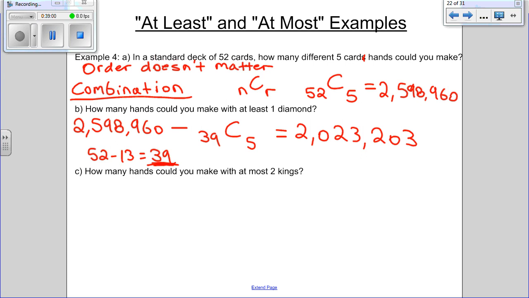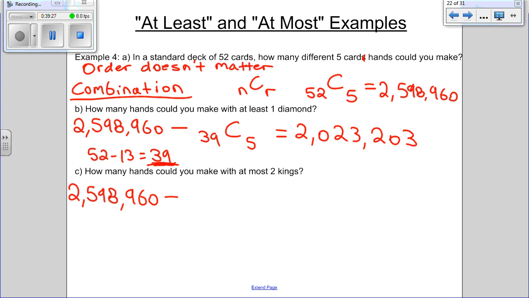Okay? So, the way that this would look, I'm going to take my total possibilities. I'm going to subtract out the complement. The complement would be 3 or 4 kings. So I'm going to do 3 first. How many ways could I do 3 kings?